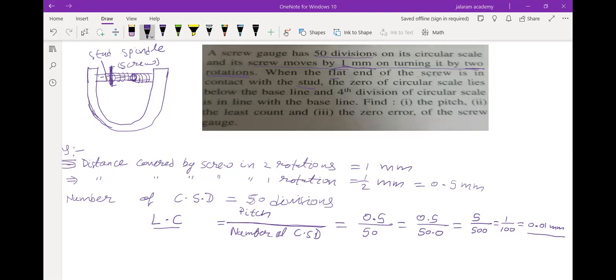Yes. So positive zero error is if on connecting stud and spindle of a screw gauge, the zero of circular scale lies below the zero of baseline, that is main scale, then the screw gauge is said to have positive zero error. Is it correct?